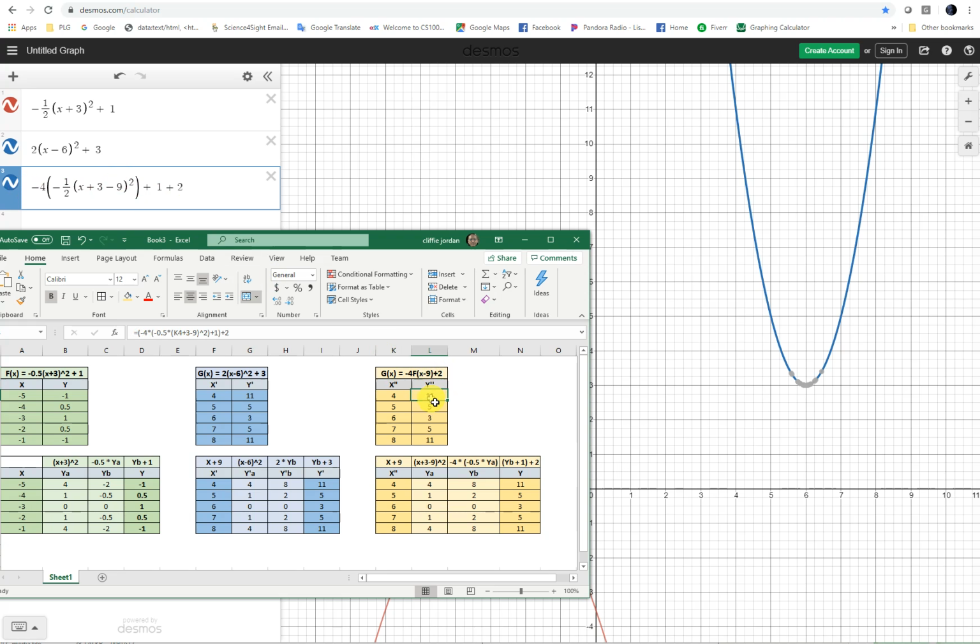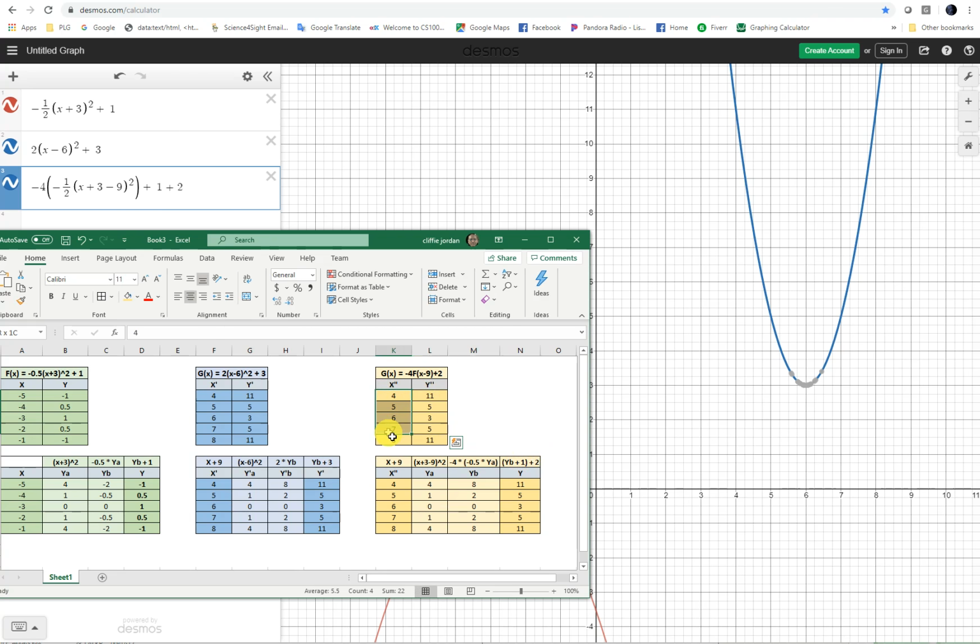How you calculate it here is very similar to what we have here. What I'm doing is I'm taking -4 times the original -0.05 times the x value plus 3 minus 9, squared, plus that 1 in the original f of x plus the 2. Voila, it calculates the y.